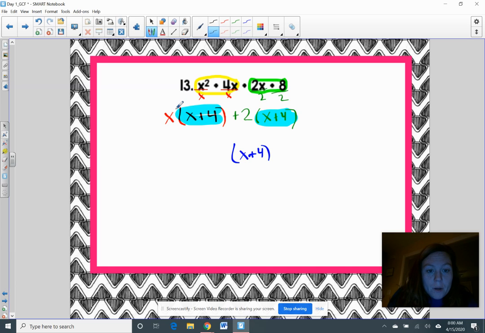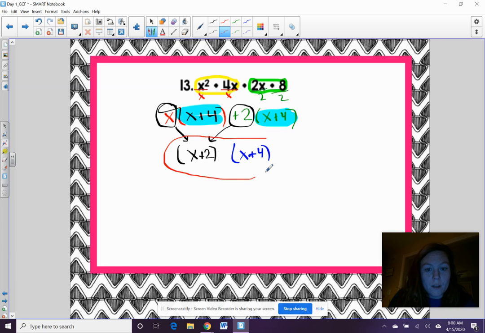Now what I'm going to do is I'm going to take the GCF of the first term and the GCF of the second term, and we're going to put them together in the first set of parentheses. So I'm taking this, and then this is my final answer. That's my final answer.